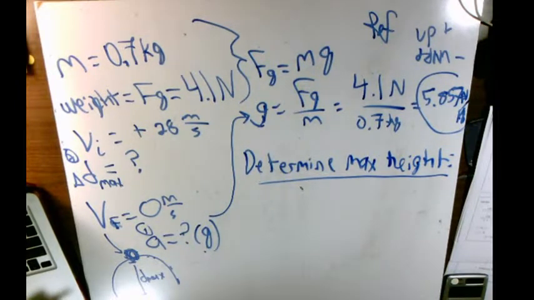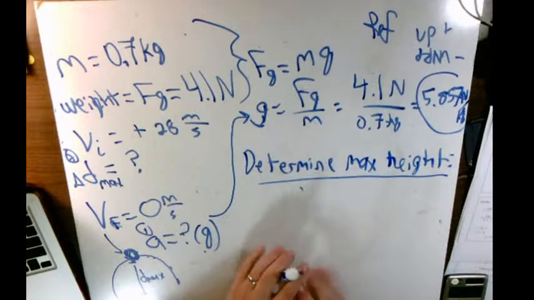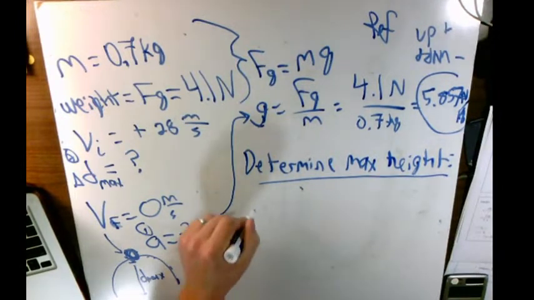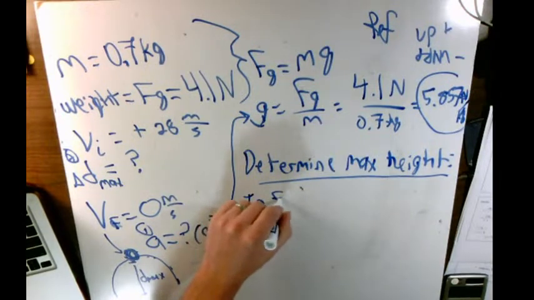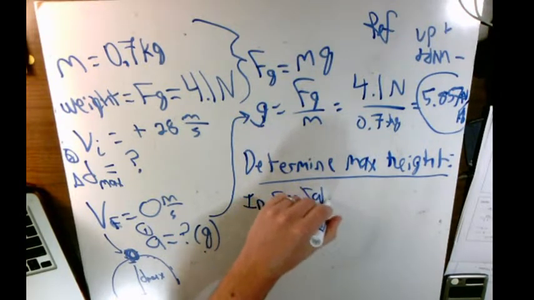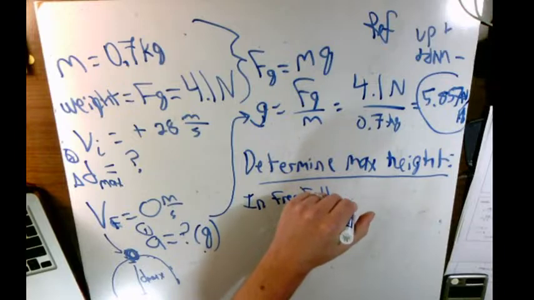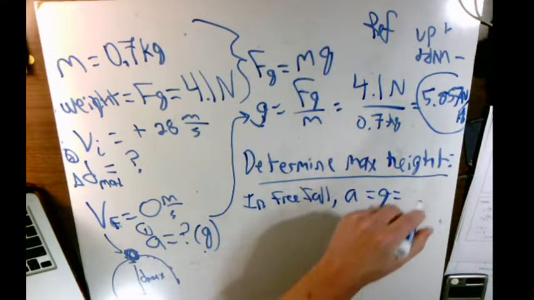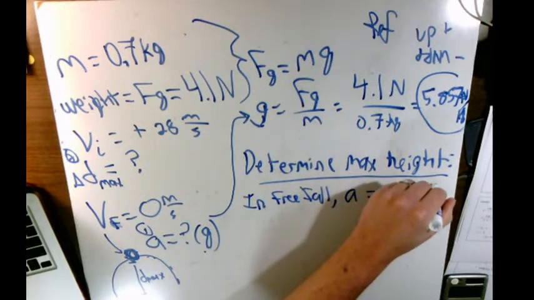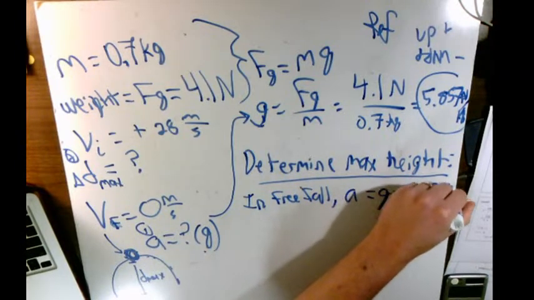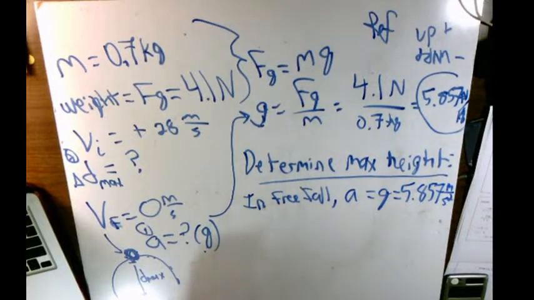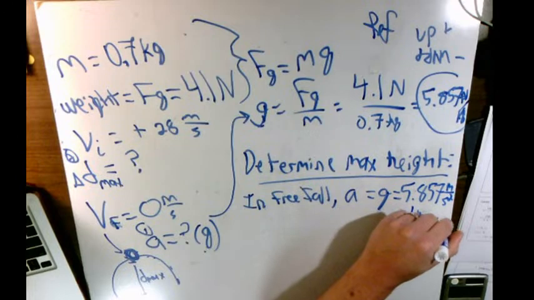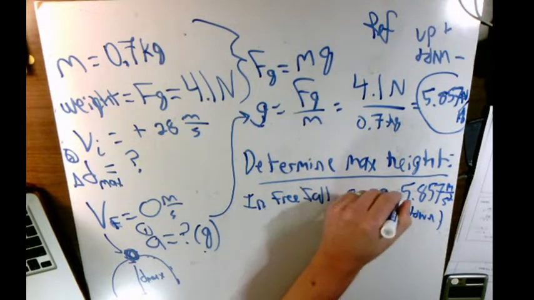It can all be combined into a nice rounded out question. So it's in free fall. We know that. Acceleration is equal to gravity is equal to 5.857 meters per second squared. Right? And that's going to be down, so we'll treat that as negative.